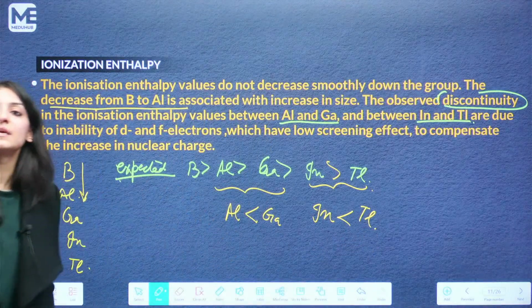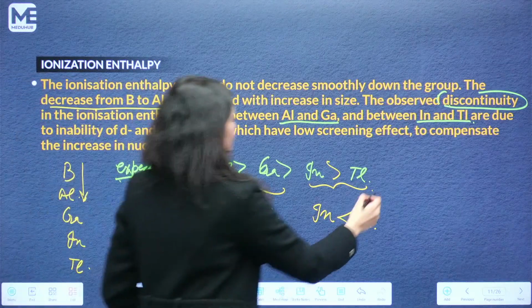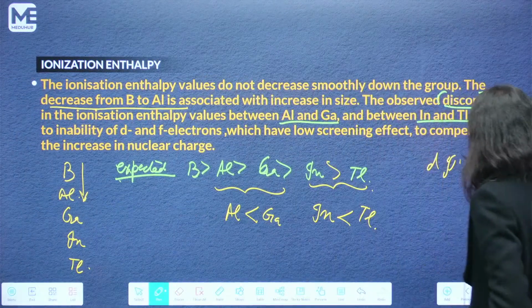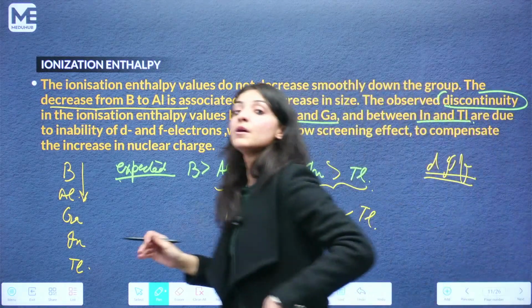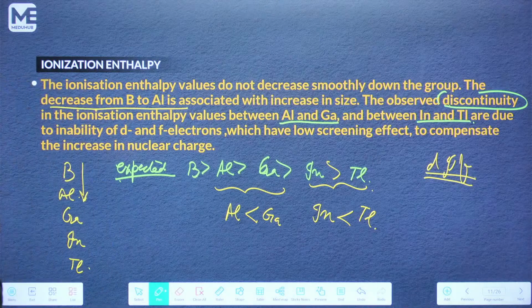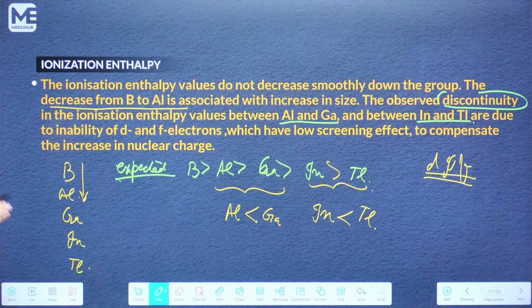This also stems from the difference in electronic configuration and the presence of d and f orbitals. D and f orbitals have a poor shielding effect. So whenever behind the valence electrons a full d or an f electron subshell is present, that would not screen the outer electrons from the nuclear charge well.